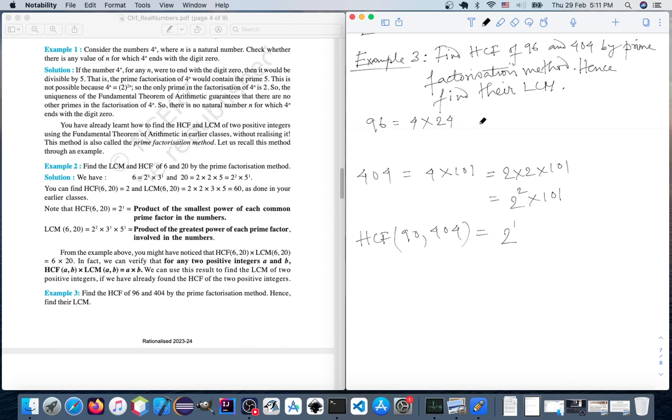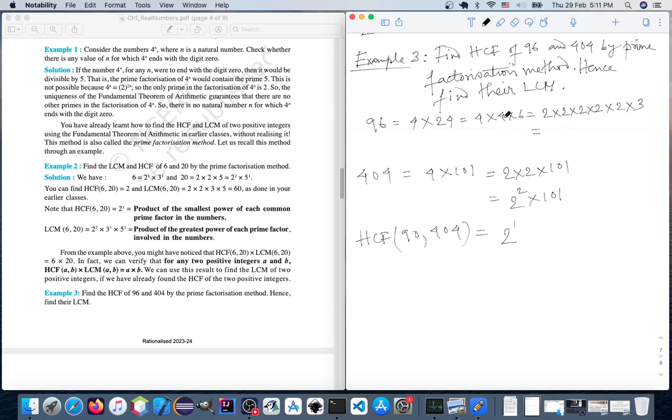Is it? Yes. This is 4 into 4 into 6. This is 4 into, so 2 into 2 into 2 into 2. Then 2 into 3.